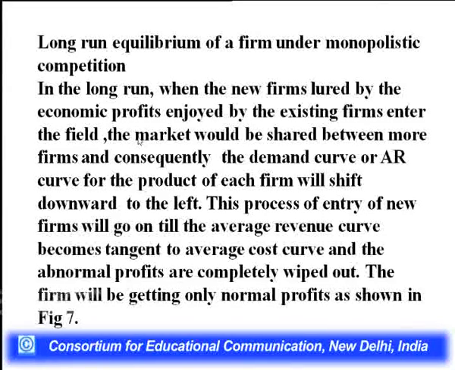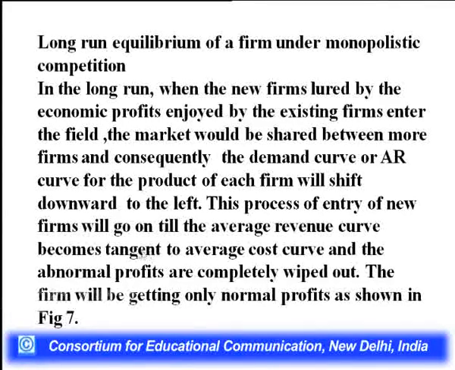Naturally, when the new firms enter, the market would be shared between more firms, and consequently the demand curve or average revenue curve of the product for each firm will shift downward to the left. This process of entry of new firms will go on till the average revenue curve becomes tangent to the average cost curve, and the abnormal profits are completely wiped out.